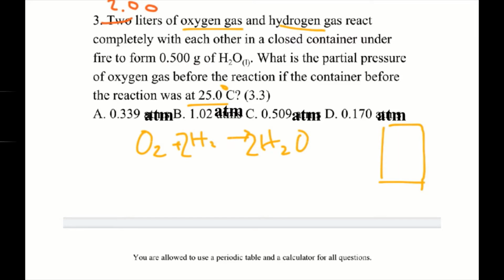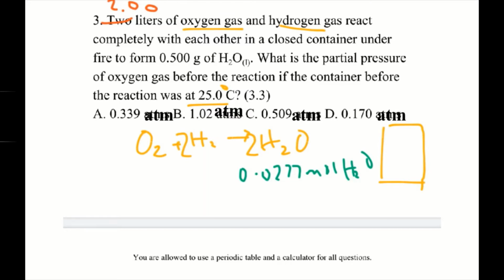Now we just have to find the moles of water because we read reactions in moles. So divide 0.5 by the molar mass of water, which is 18.02, and you get 0.0277 moles of water. I'm not going to keep extra digits since our answer will be very close to the actual answer in the multiple choice.